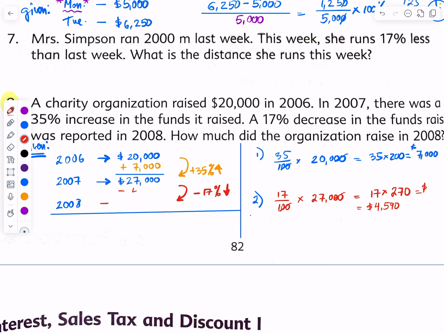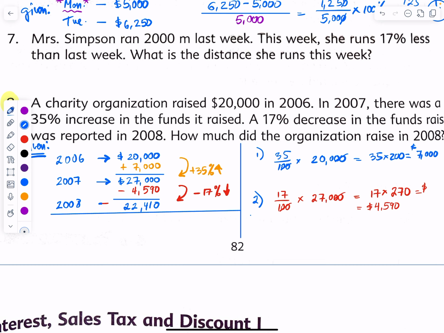Let's minus $4,590, which brings us to 0. This is 1. This is 9 minus 5. This is 4. And this is 2,000 and 20,000.